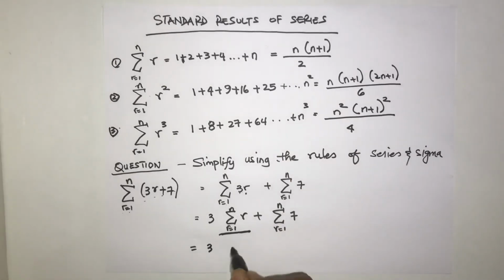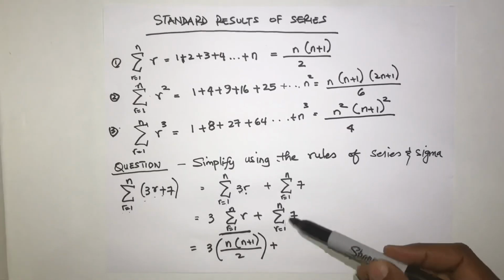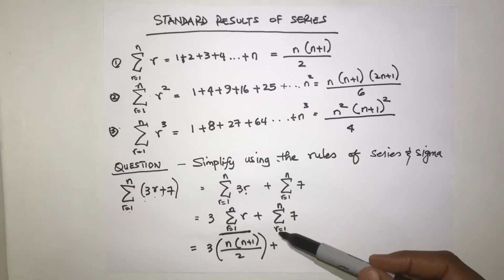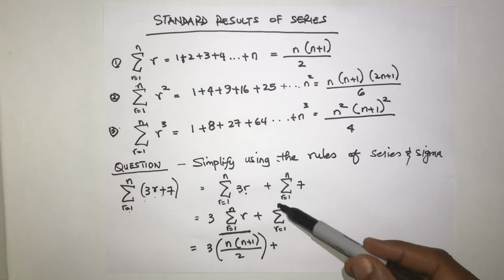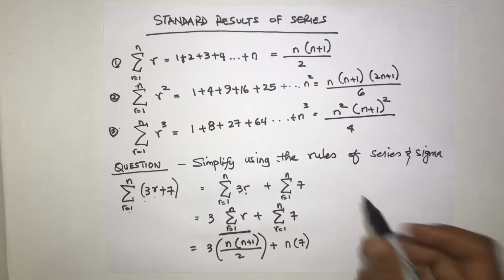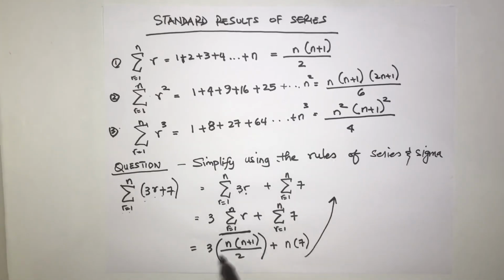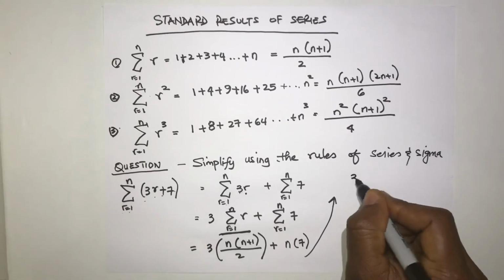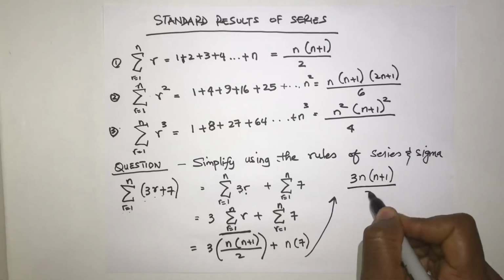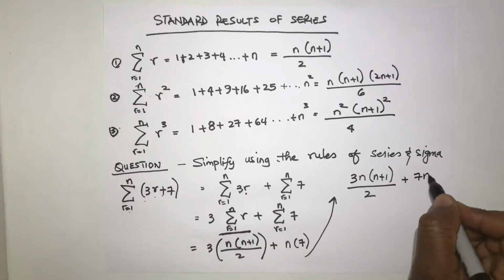So this will be 3 times n times n plus 1 over 2 plus, based on one of the rules before, the summation of r equals 1 to n of a constant is the same as n times the constant. So simplifying this is equal to 3 times n times n plus 1 over 2 plus 7n.